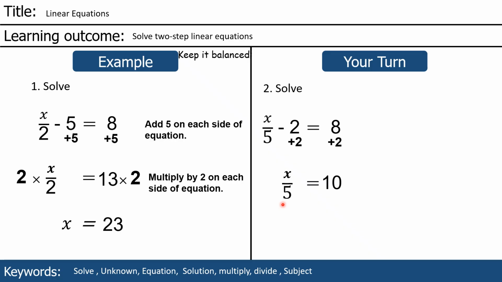So we multiply the left hand side of the equation by 5, and we also multiply the right hand side of the equation by 5. And this is to ensure that your equation remains balanced. Now we'll have x being equal to 10 multiplied by 5, which is 50.